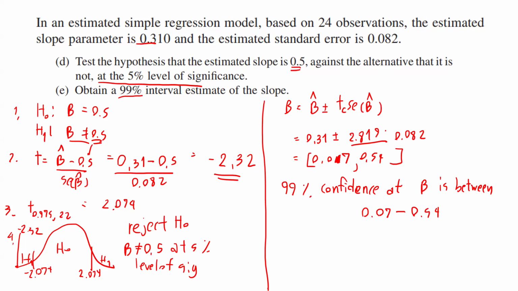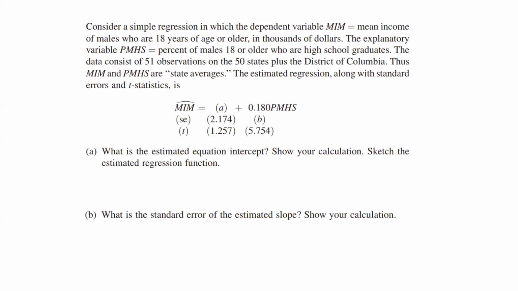Okay, next. Next question, they give you the equation and they ask you to compute A and B. So A, since the t stat here equals beta minus 0 over standard error, or beta over standard error, which means this is 1, this is 2, so 3 equals 1 over 2.